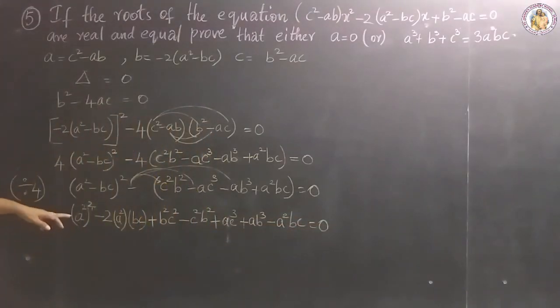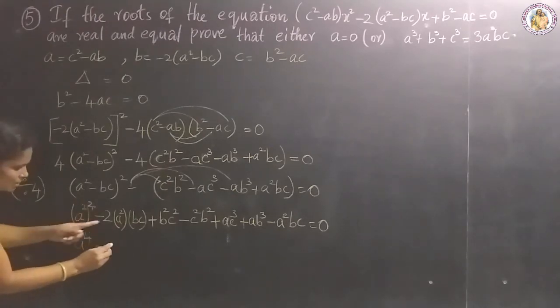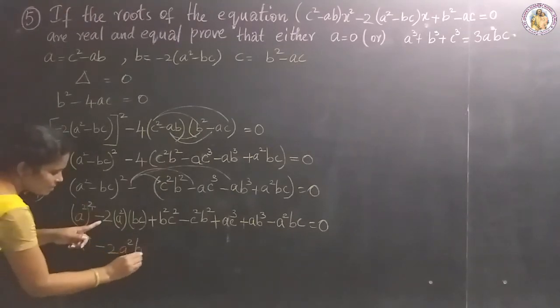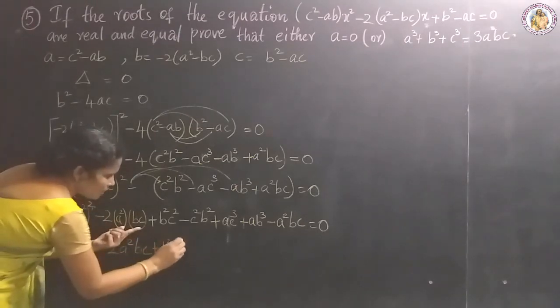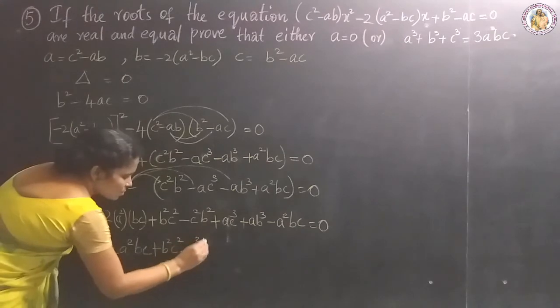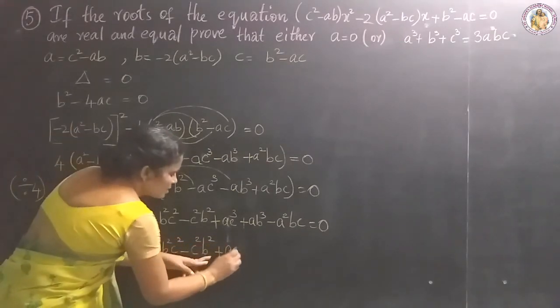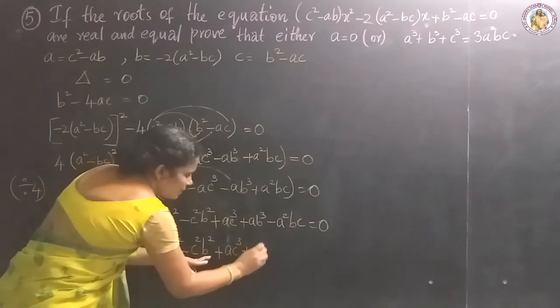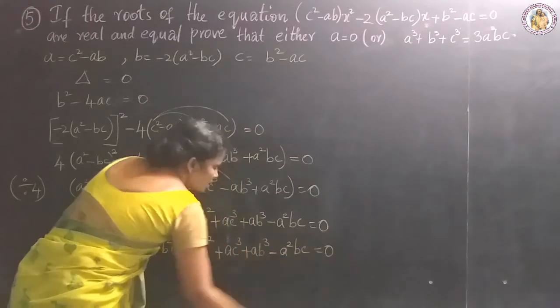And in the next step, write a⁴ − 2a²bc + b²c² − c²b² plus ac³ plus ab³ minus a²bc is equal to 0.